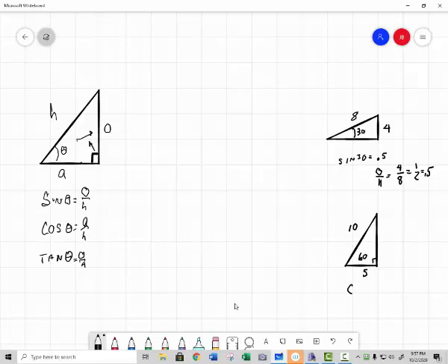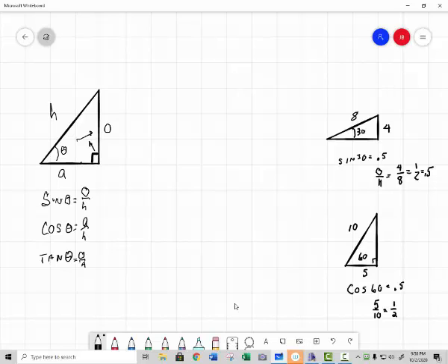Why? Because we said that the cosine of 60 is 0.5. Well, in order to get 0.5, that ratio between the adjacent and the hypotenuse, 5 divided by 10, gives me the 1/2, which is 0.5.